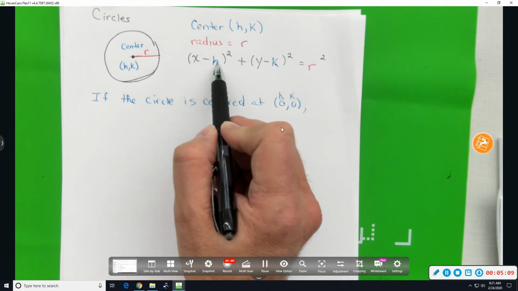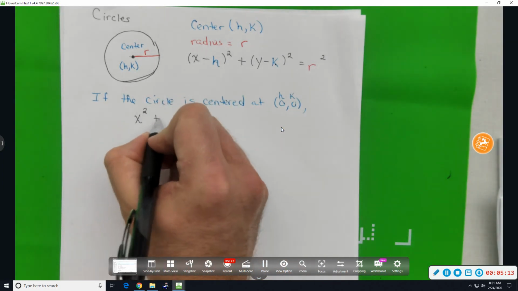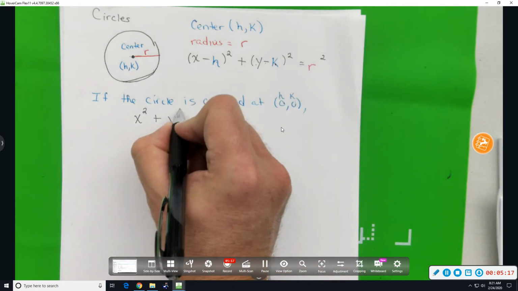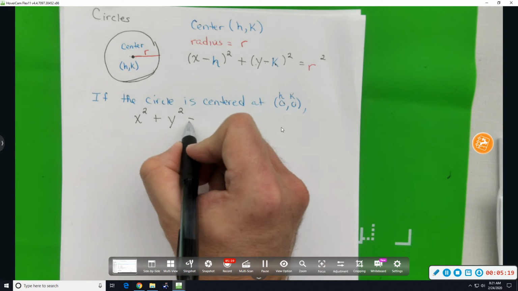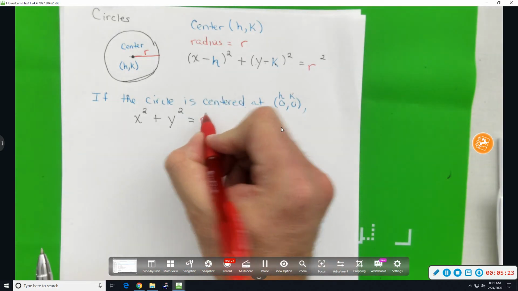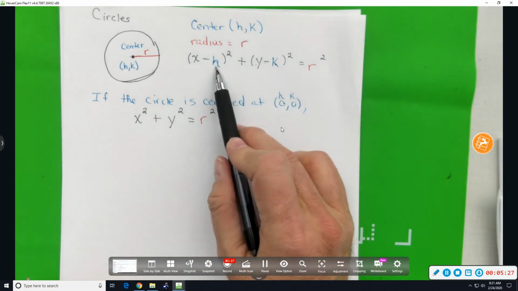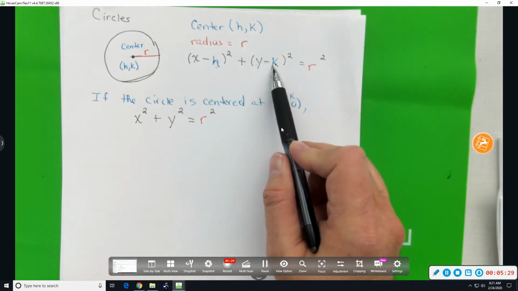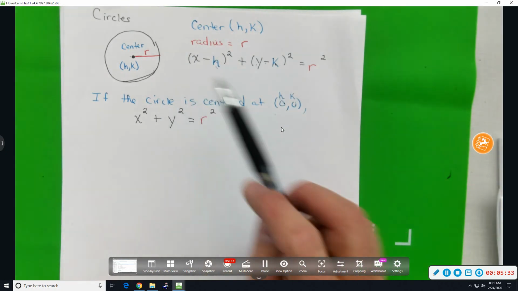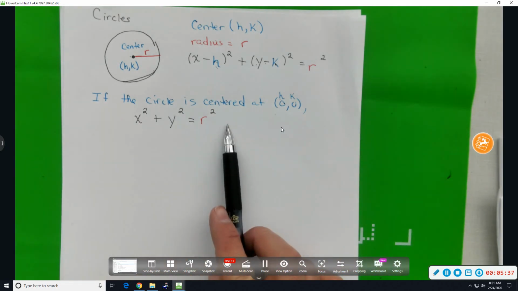The x minus 0 we could just write as x. The y minus 0 we'll just write as y, equals r squared, the radius squared. So all I did was plug 0 in for h, 0 for k. So if the center is the origin, 0, 0, then we don't have any parentheses.